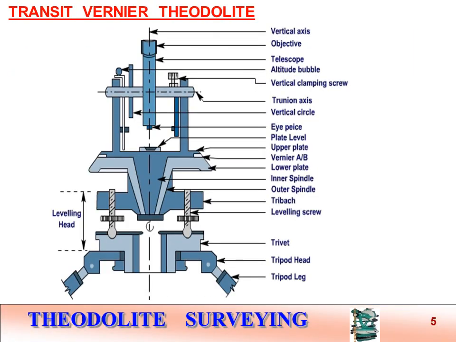Again, in this slide you will observe the different parts of the theodolite. This is a transit vernier theodolite, in which the vertical axis and trunnion axis are shown. Whenever we use this instrument, there should be a perfect relationship between the fundamental lines of the theodolite.